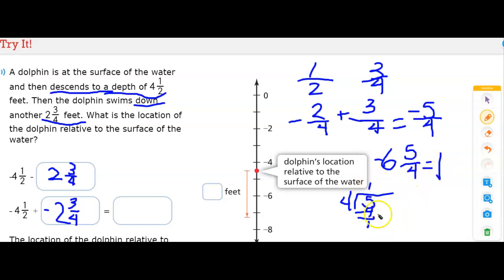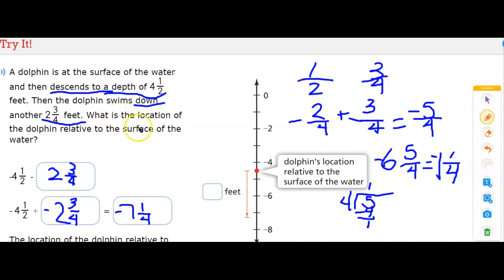And then the remainder becomes our new numerator, and 4 is still the denominator. So now we have 1 and 1/4, and it's negative. So we're going to add that -1 to that -6, which gives us -7, and our fraction is 1/4.